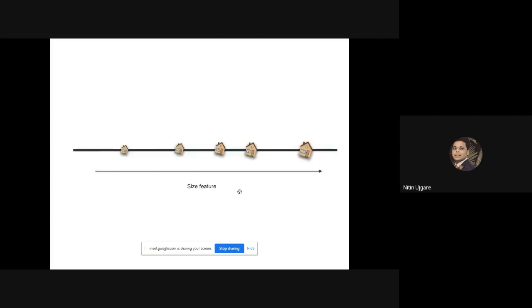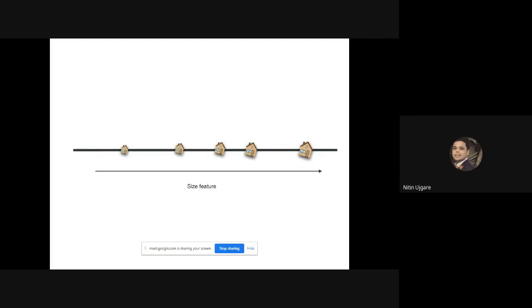So let us transform these houses onto this line, and that is how we have transformed the 2-dimensional input instance space to a 1-dimensional input instance space. Now in this projection, I do not have both the size of the house and the number of rooms. I have only one feature.